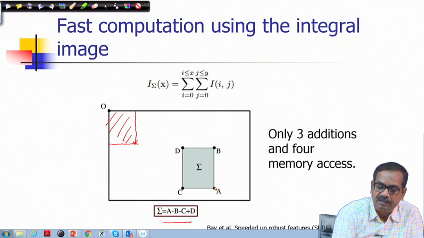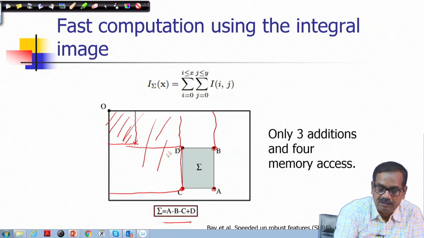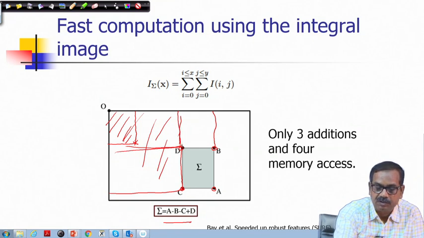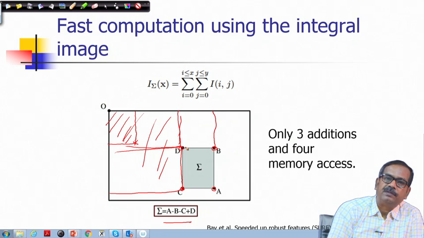That means this is the integral image value at these points, and to get the sum over this region, I need to take the sum over all this region and then subtract these values, over this particular term and this particular term, and then add back this one, because it is subtracted twice. If I do that, then I will get the corresponding sum over this particular region.